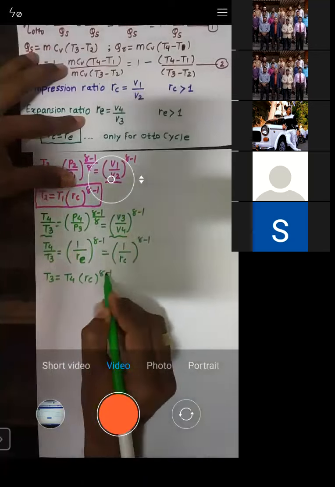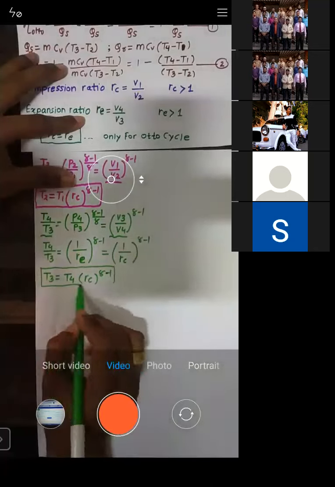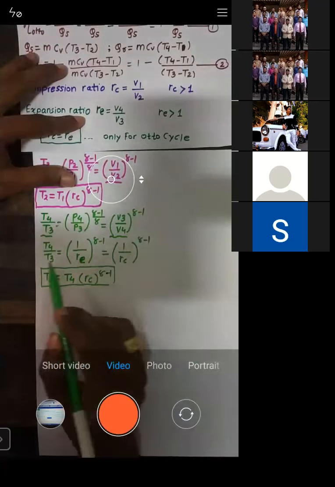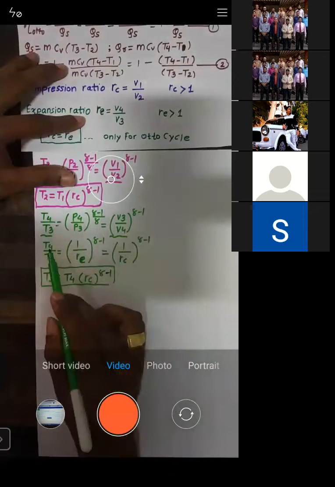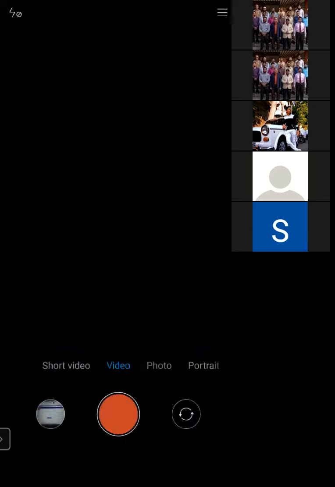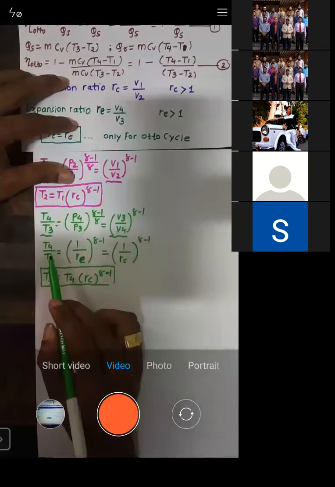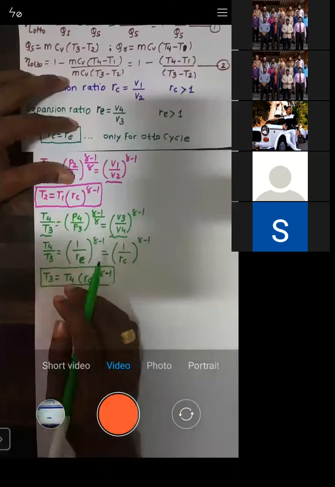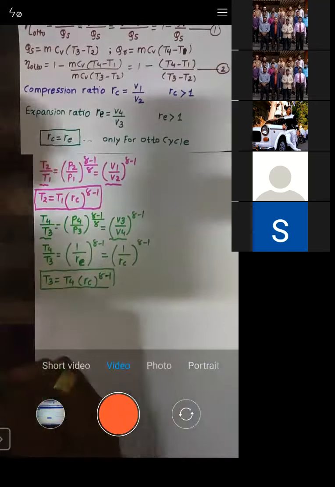See here, I repeat. What is the value of T3 if you bring it on the right hand side? Everything else you bring on the left hand side. When you bring the term 1 by RC raised to power gamma minus 1 to the left hand side, it becomes RC divided by 1 raised to power gamma minus 1.